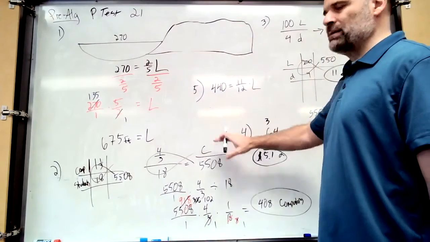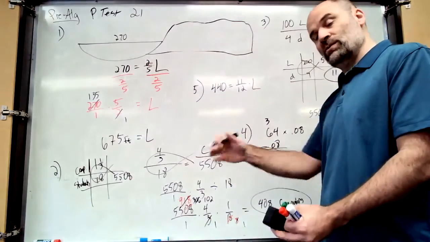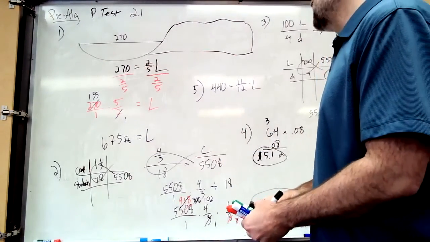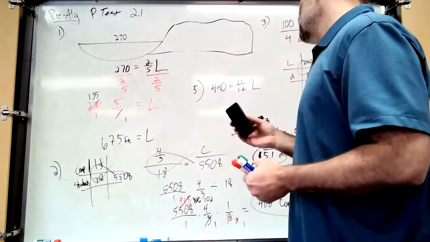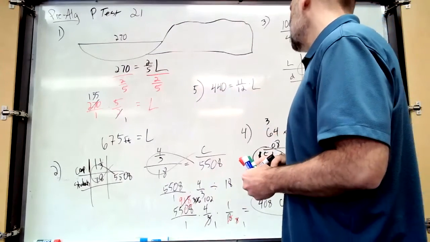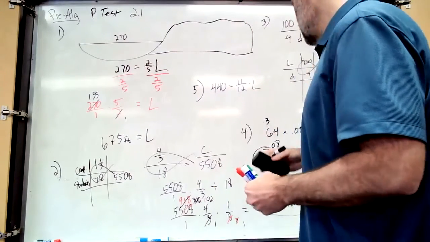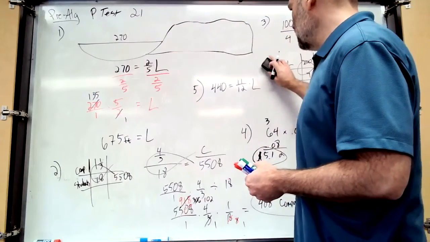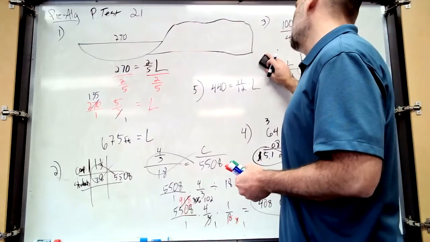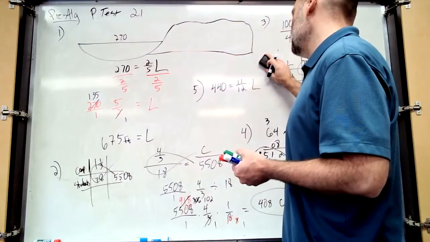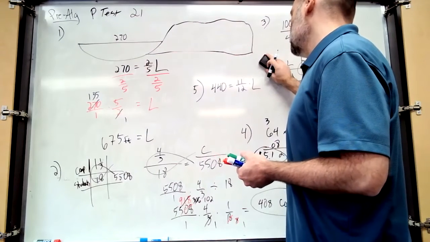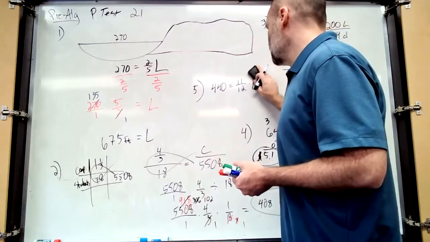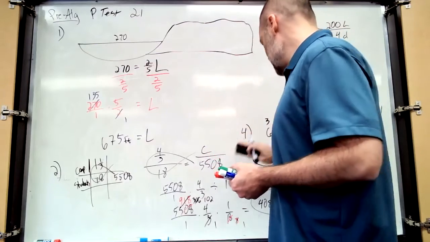So 440 divided by 11/12, or 440 times 12/11, and that'll give you your answer, which ends up being 40 times 11 times 12. But anyway, you got that?